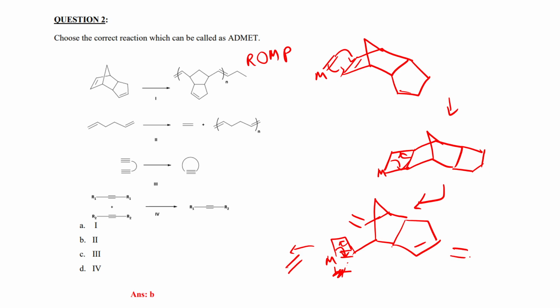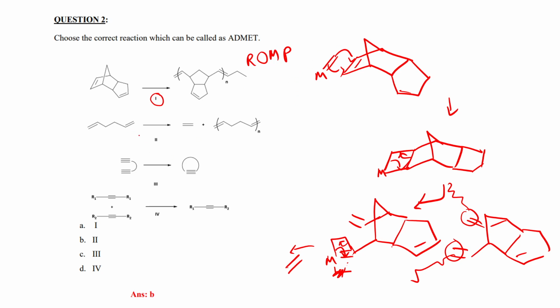That would lead to formation of this kind of diene with two six-membered rings and two fused five-membered rings. From here you can expect that your polymer can grow. Polymerization can happen at this Ru center. In that way, the first reaction mechanism goes via ring opening metathesis polymerization.